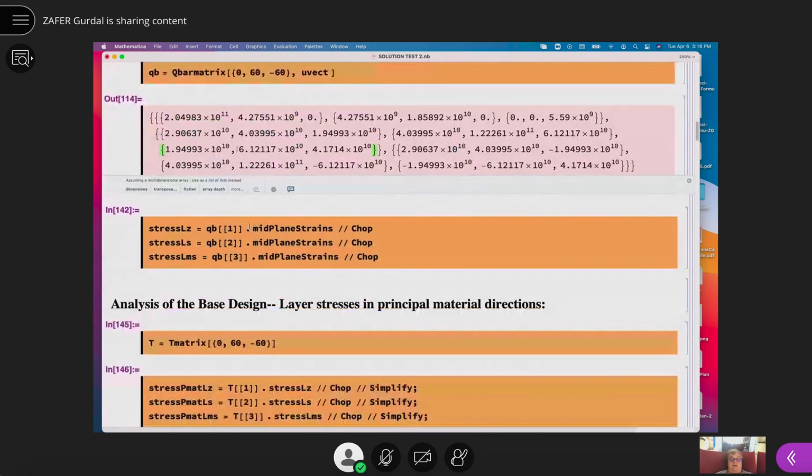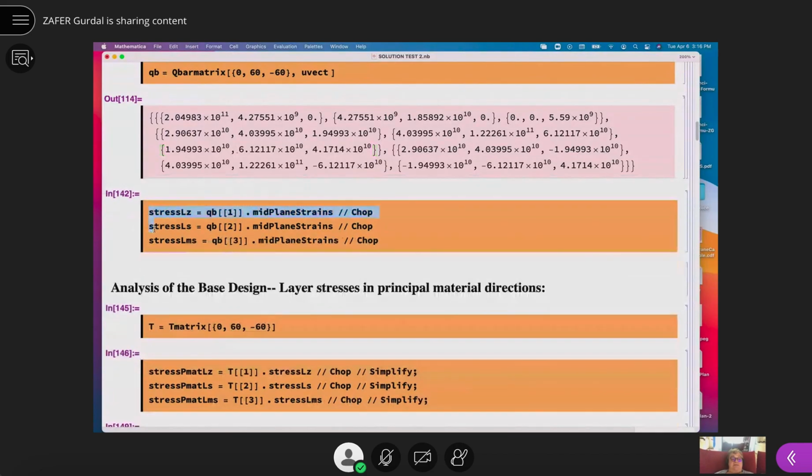If I dot the mid-plane strains with the Q-bar, I get the stresses in the 0-degree ply, and that's Q-bar 1. The laminate stresses in the 60-degree ply use Q-bar 2, and minus 60 uses Q-bar 3.